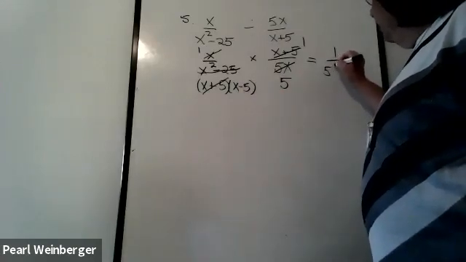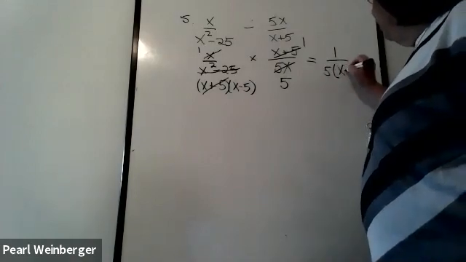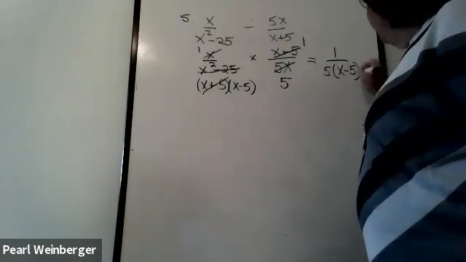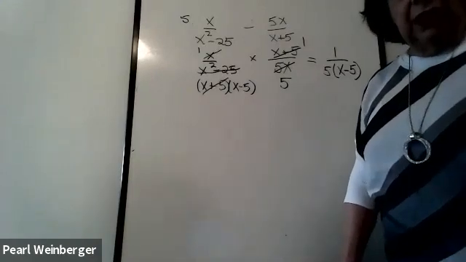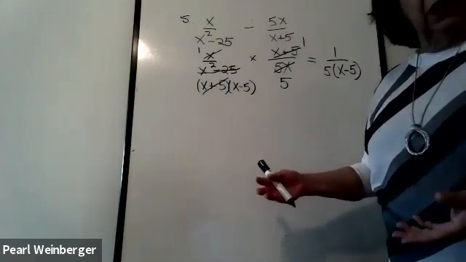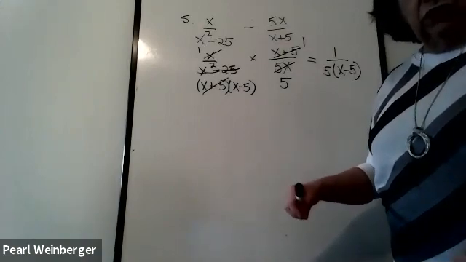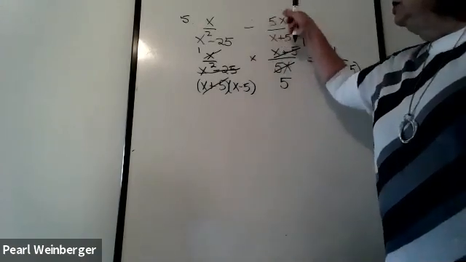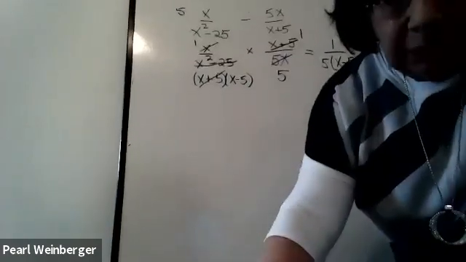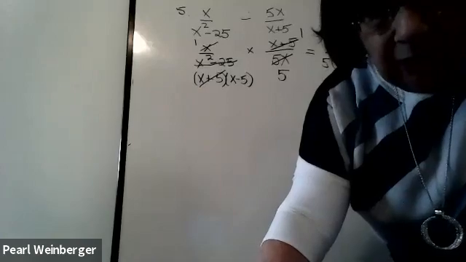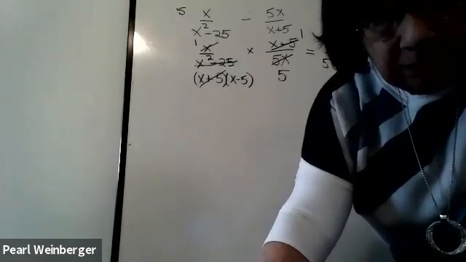And remember, I like to put the monomial first, so it's 5 parentheses x minus 5. So the only difference between a multiplication and a division example is the fact that you first flip your second fraction and then you just do multiplication. Any questions about these?